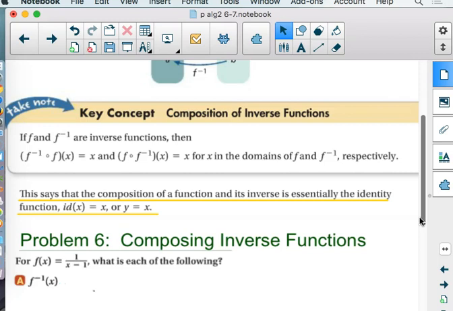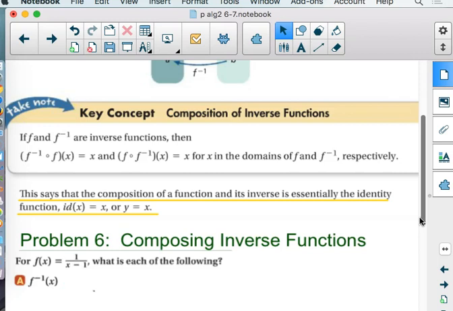If f and f inverse are both a function and an inverse function, when you do f inverse of f, you should get x. And when you do f of f inverse, you should get x. If you don't, then it's not one-to-one. So that's how we're going to know we have a one-to-one function when we do this.